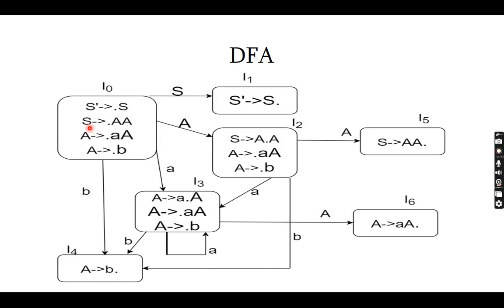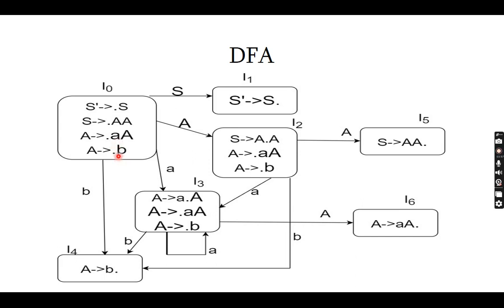I have written the productions of S with a dot at the beginning of the RHS. Again, there is a variable next to this dot, so I have to write the productions of A with a dot at the beginning of the RHS. I have written two productions of A that way. Where there is a terminal next to the dot, there is no need to do anything.